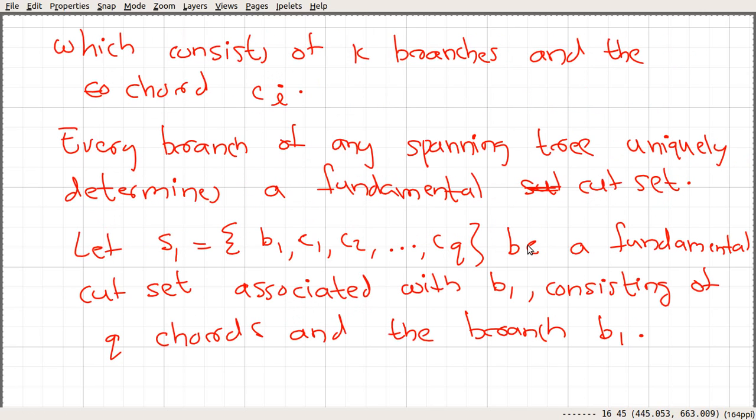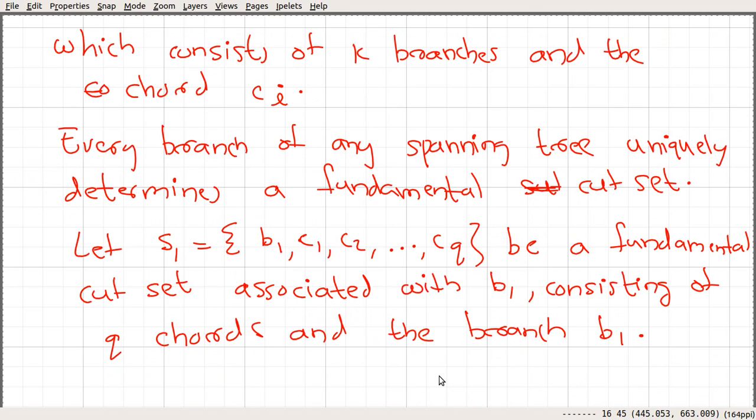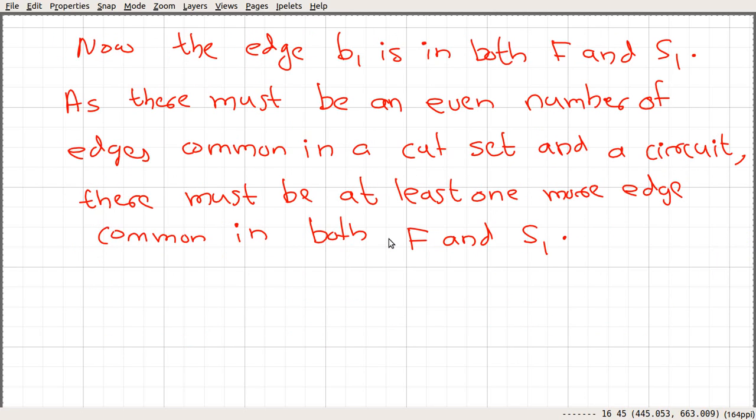Here we have one branch edge and a set of chord edges, whereas this fundamental circuit contains a chord edge and a k number of branch edges. So something must be common, meaning this Ci must be equal to one of these chords.